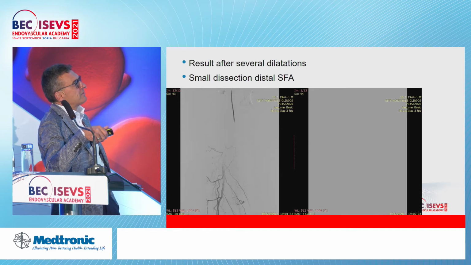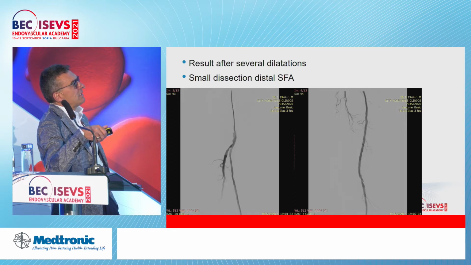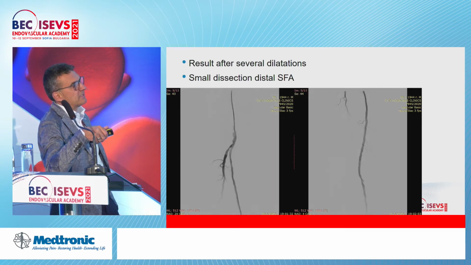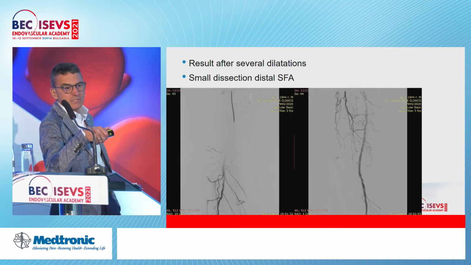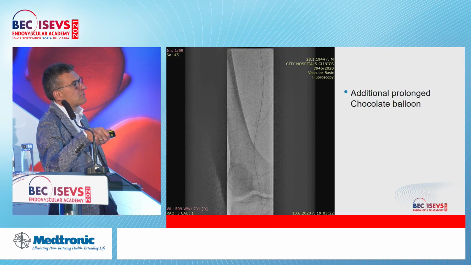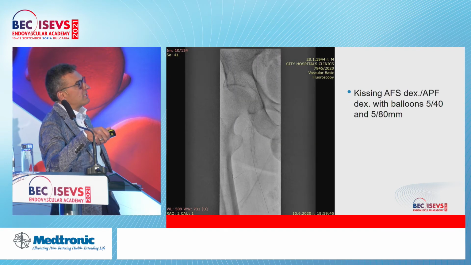This is the final result. And you see that it's unbelievable, in such a huge calcific lesion, practically no dissection. So it was even for us a surprise, because this was the first femoral case that we have done.